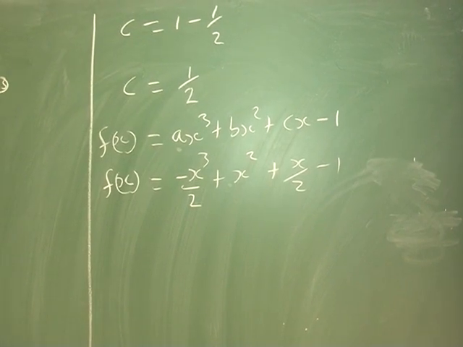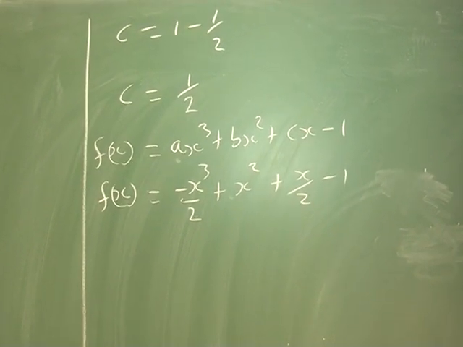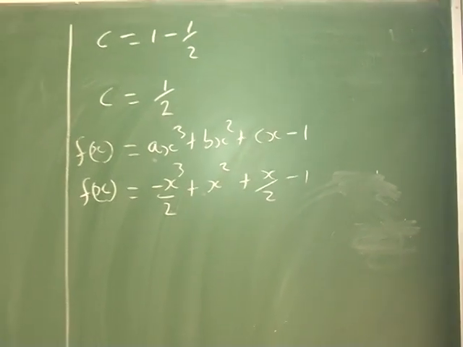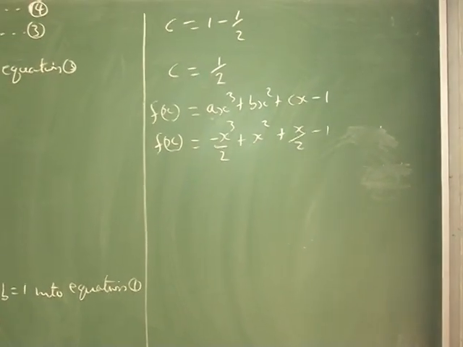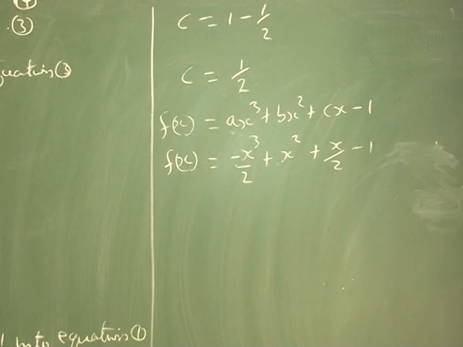So this becomes the polynomial. We have determined the constants. So this is how it is done.